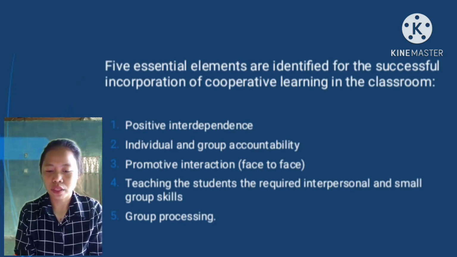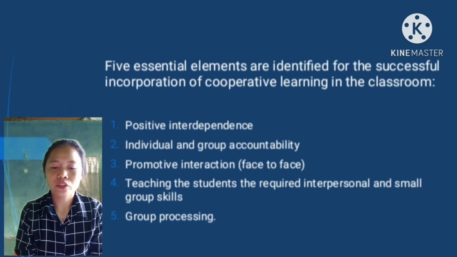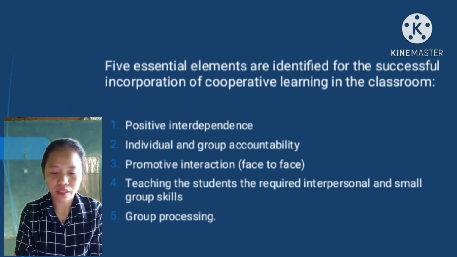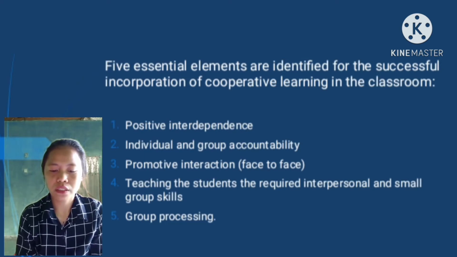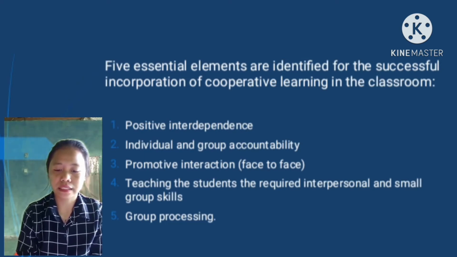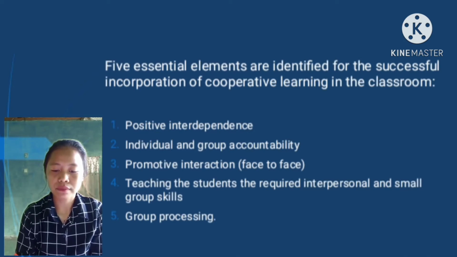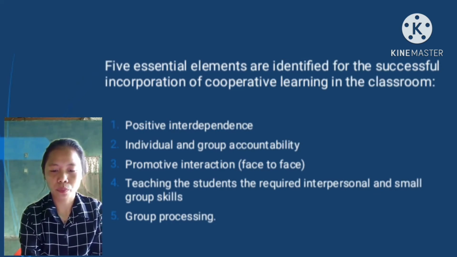According to Johnson and Johnson's meta-analysis, students in cooperative learning settings, compared to those in individualistic or competitive learning settings, achieve more, reason better, gain higher self-esteem, like classmates and learning tasks more, and have more perceived social support.